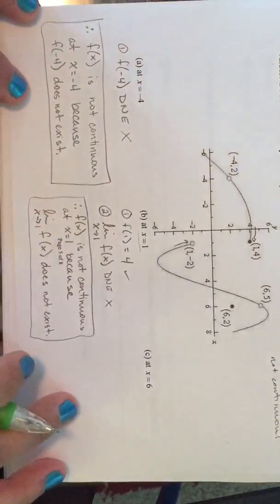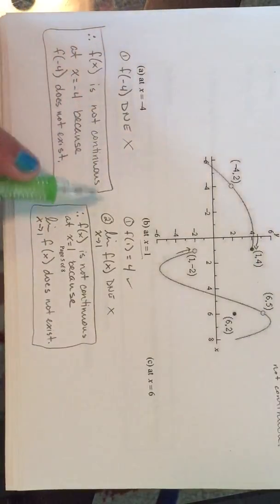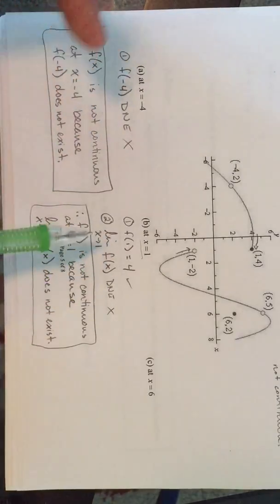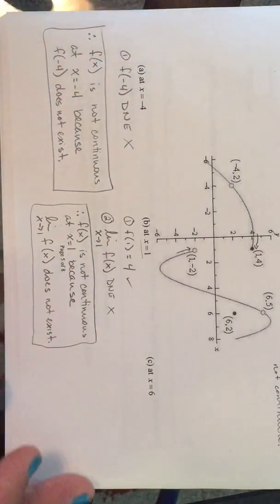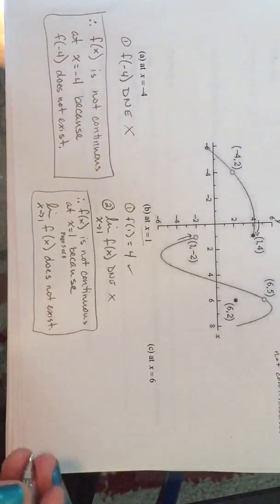Okay? And you'll notice that it's going to be the same type of answer every time. You're going to say f of x is not continuous at this point because, and then you're just going to rewrite whatever step of the 3-step definition doesn't work. So it should be a pretty easy thing to explain yourself when it's consistent, okay?